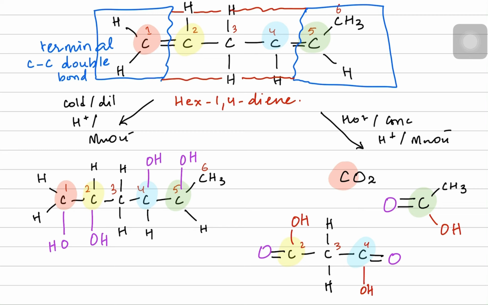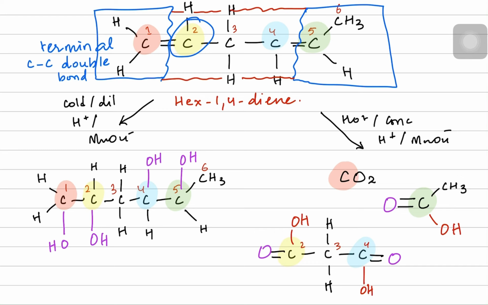You can see the carbon 2, which was here, it has made a bond with OH and the oxygen, which is a carboxylic acid functional group. Carbon 3 literally remains the same, so we don't change it. While the carbon 4 converts the H into OH, and instead of the double bond with the carbon, it gets a double bond with oxygen.